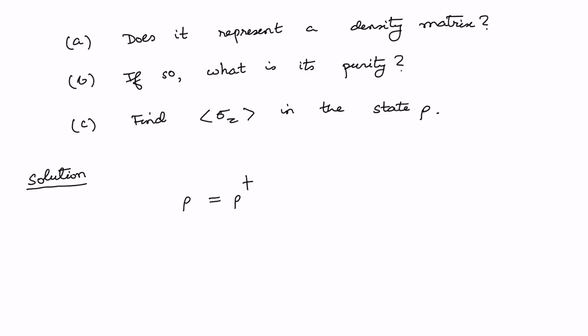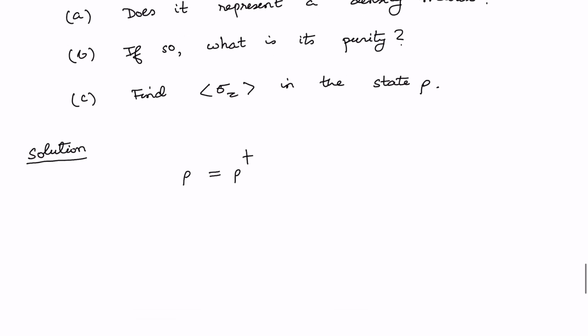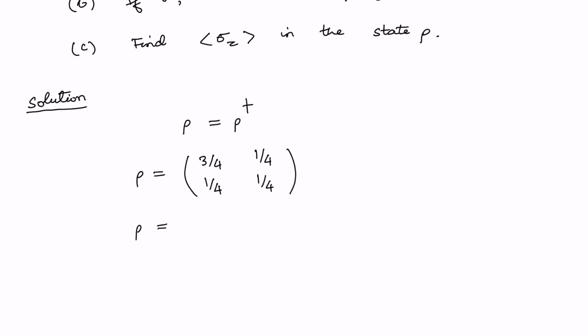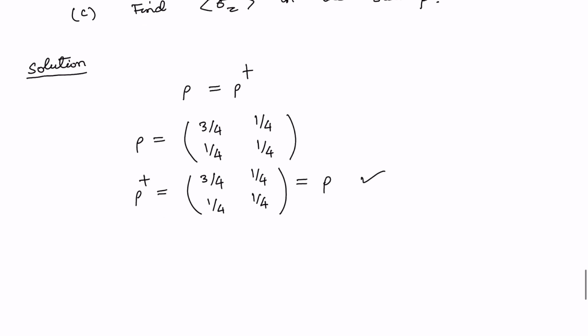That means it has to be Hermitian, and you can immediately see, because rho is given as [3/4, 1/4; 1/4, 1/4], and if you take the complex conjugate, because all elements are real, it will give you the same thing, and if you take the transpose, you are going to get the same matrix as that of rho. So therefore rho dagger is equal to rho. Okay, so the first property is satisfied.